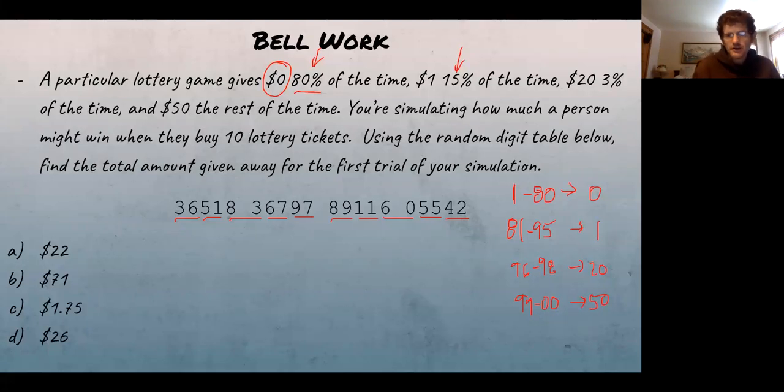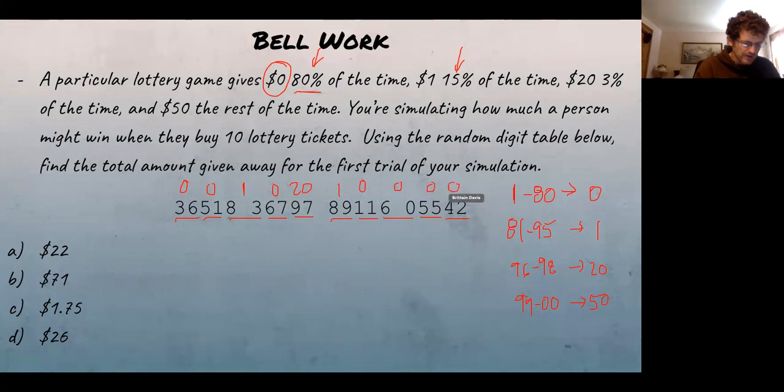All right, so if I look through, I got no money right here, so that's 0. 51 represents no money. 83 represents $1. 67 represents no money. 97 represents $20. 89 represents $1. And then no dollars, nothing, and nothing.